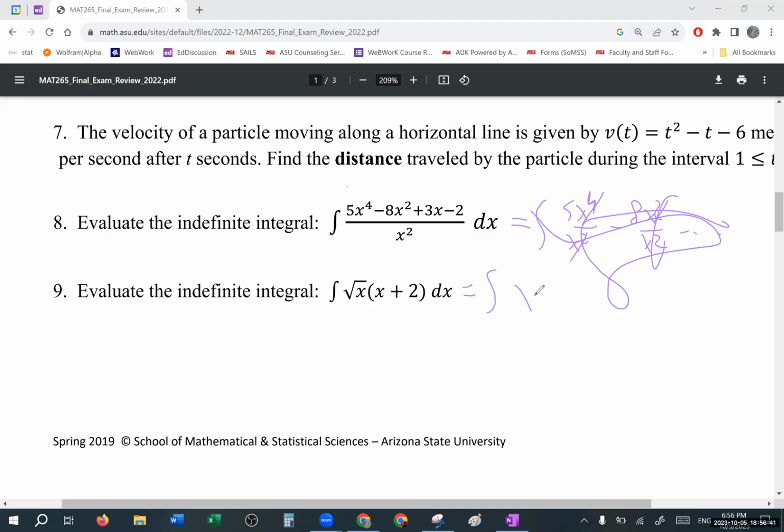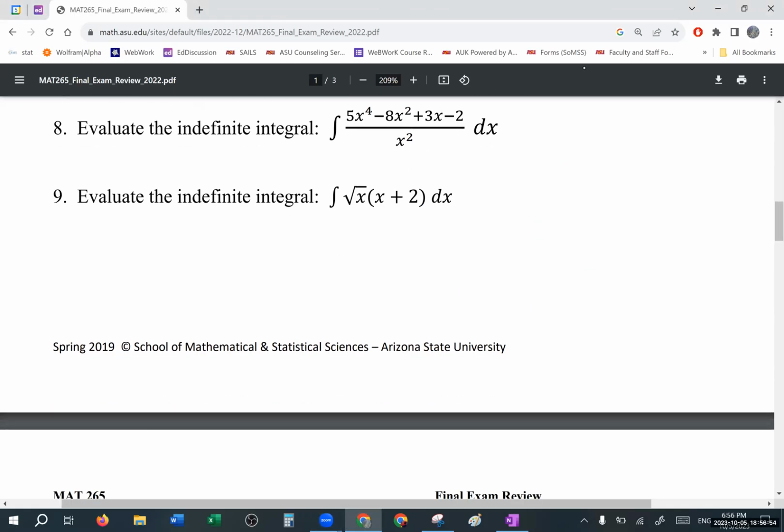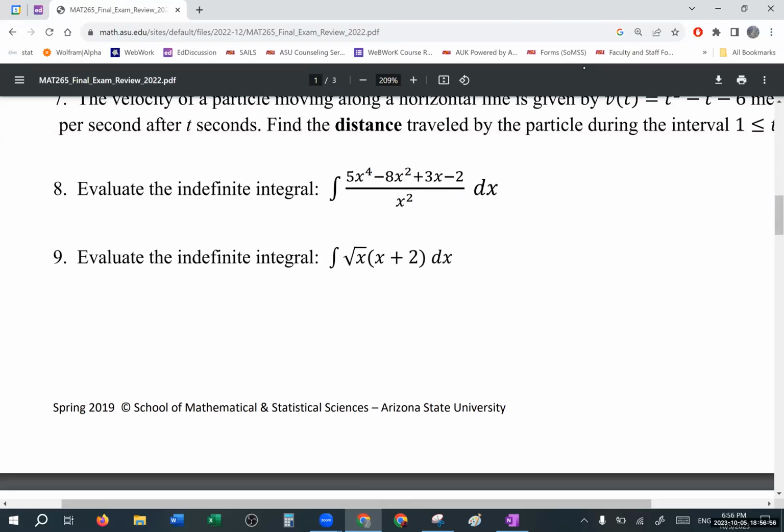This is integral of x, 1/2 plus 1, that's 3/2, plus 2 squared of x. And then you integrate that. So it's the same stuff, just looks weird. They're trying to trick you. That's literally what I'm trying to tell you.